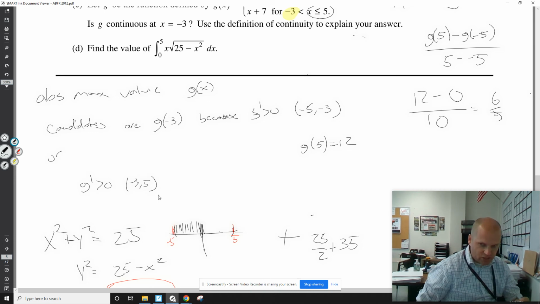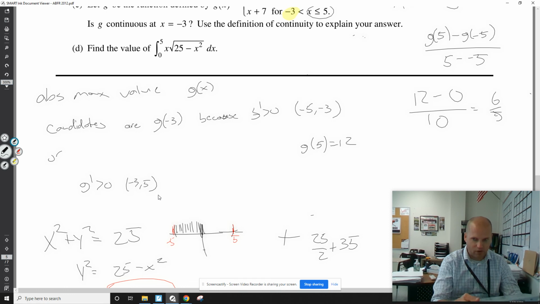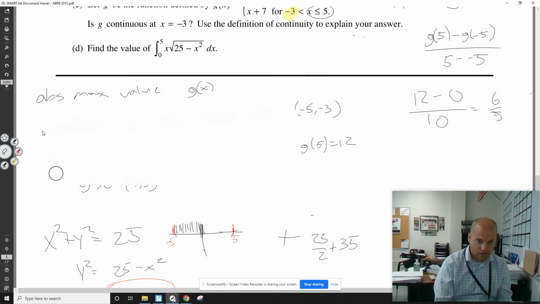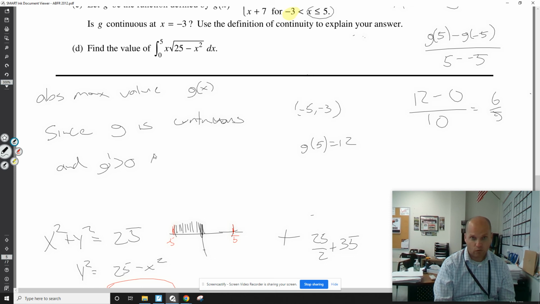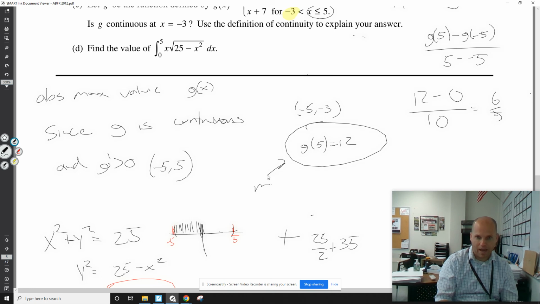Since we know this function is continuous, we actually don't have to do this. Since g is continuous, and g prime is positive from -5 to 5, g of 5, which equals 12, is the max.